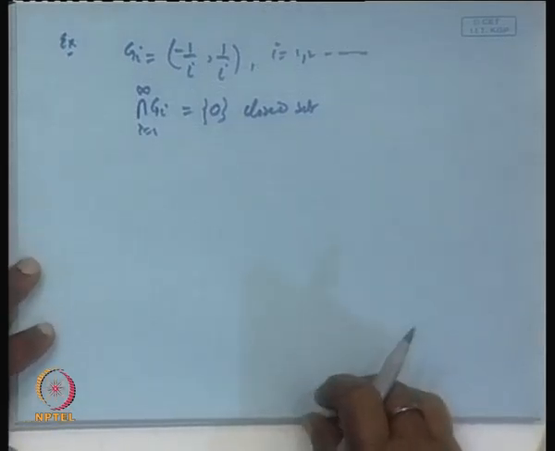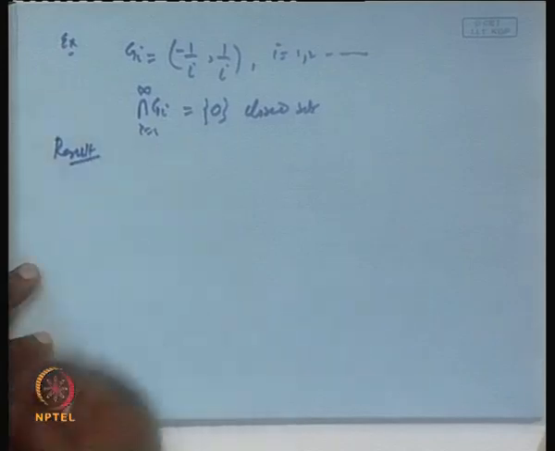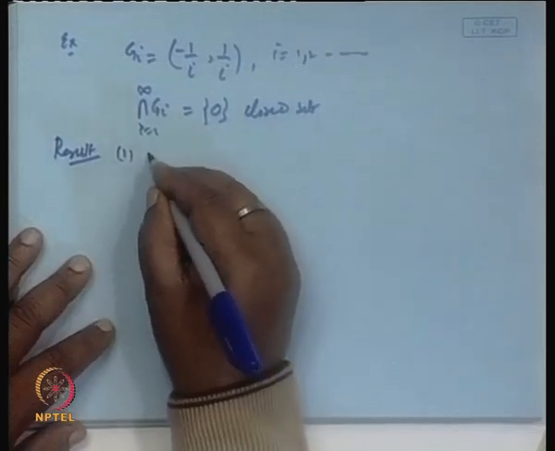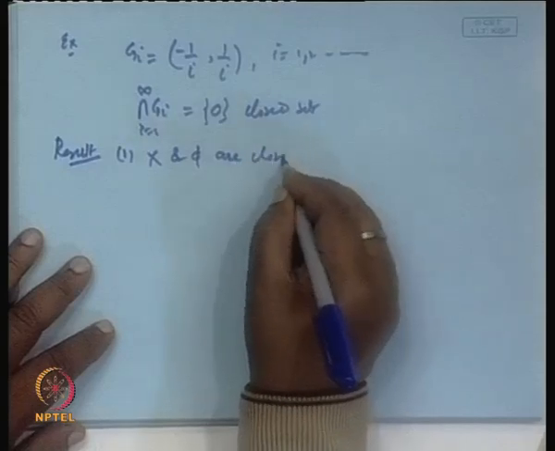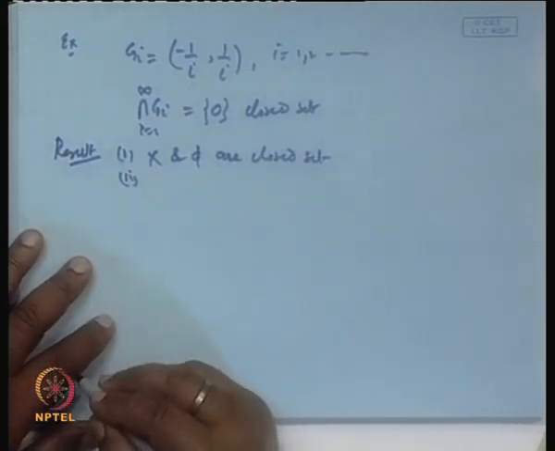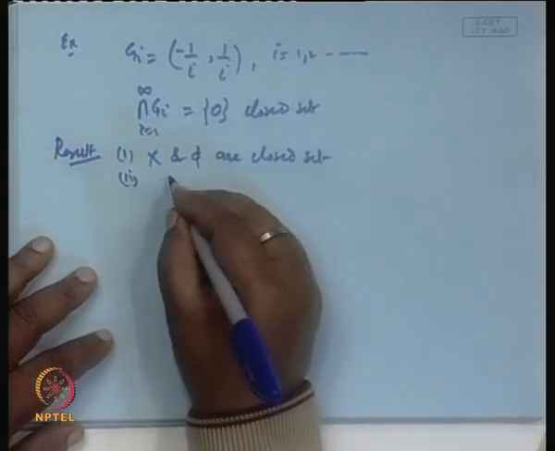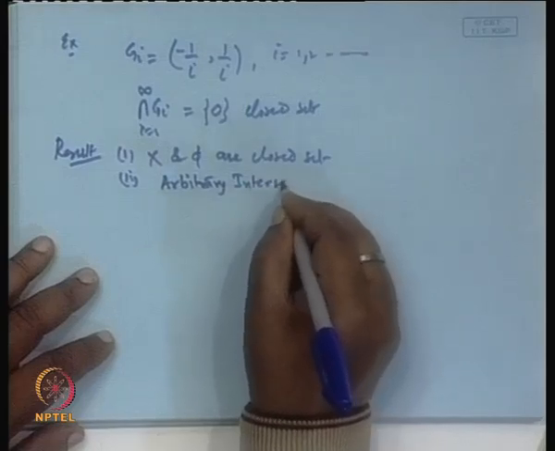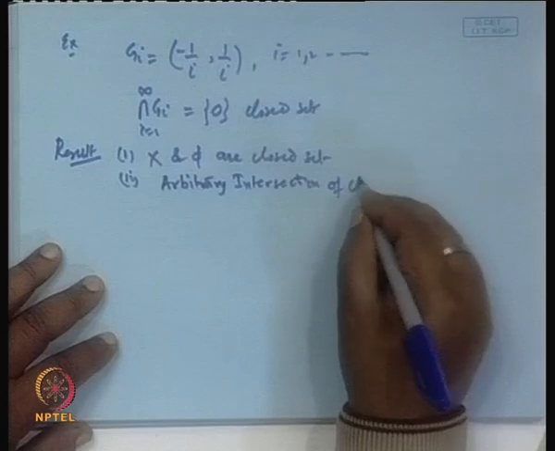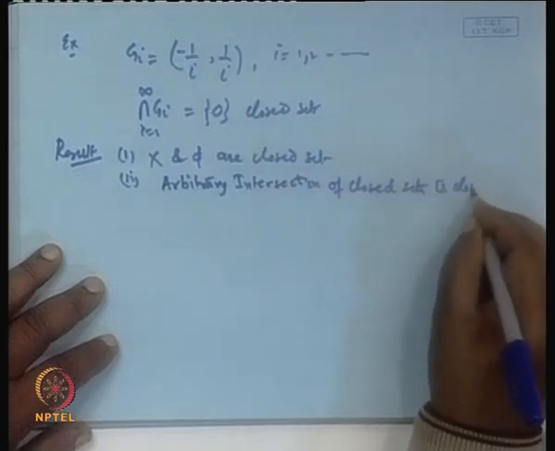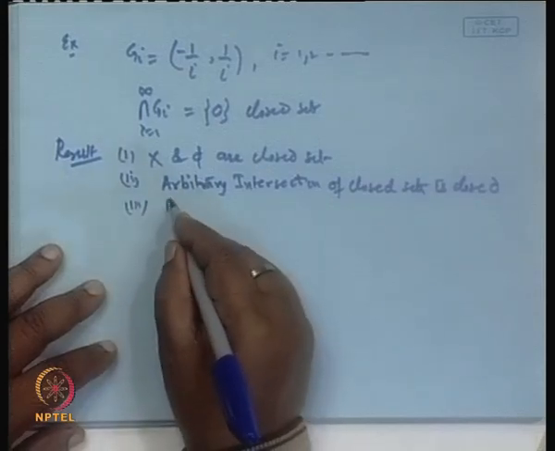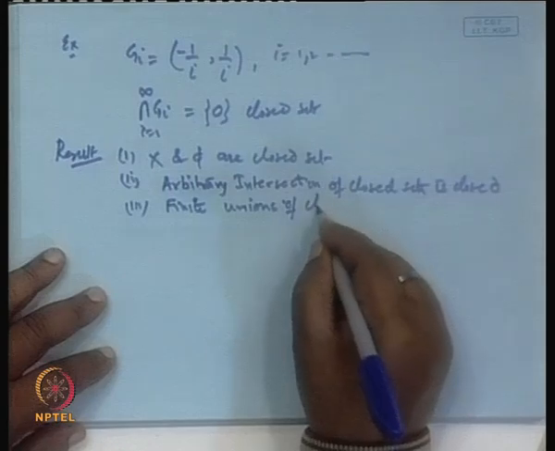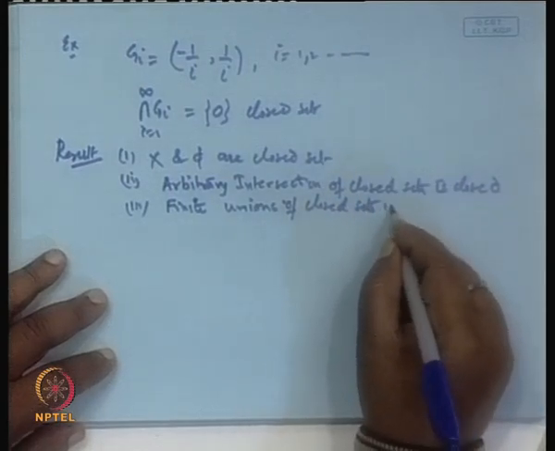Okay. The same type of results are also available in the case of closed sets. In a metric space X d, X and phi are closed sets. Second, any arbitrary intersection of closed sets is closed, while the finite union of closed sets is closed.